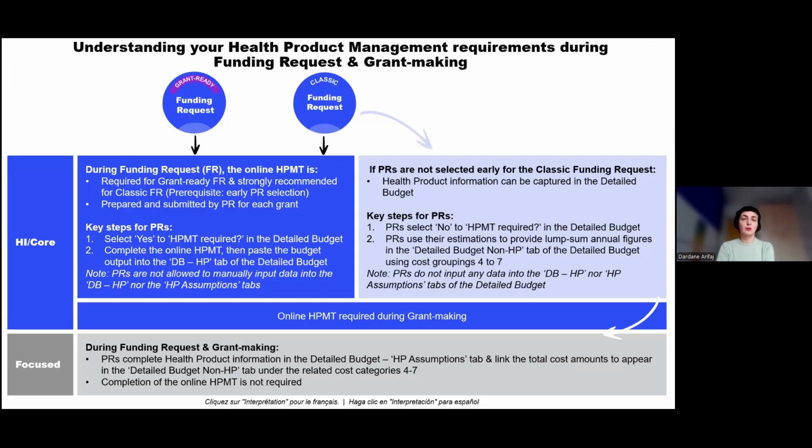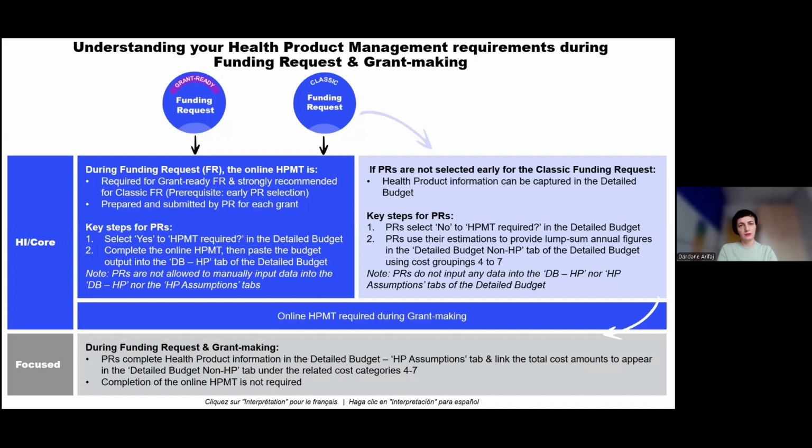Requirements as to when the HPMT is needed during the funding request and grant making are simpler than they may appear. As you know, there are two types of funding requests that the PR can choose to follow.